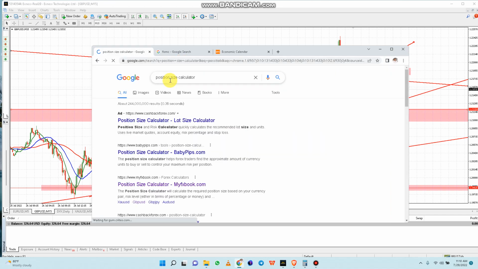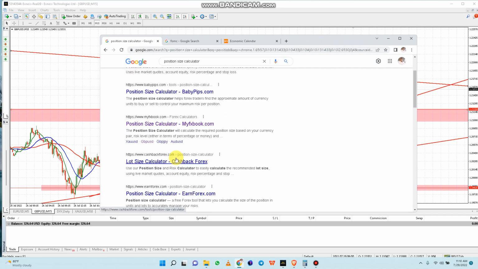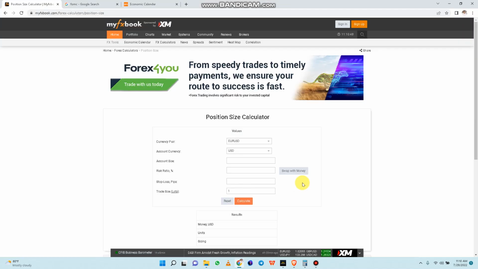Right, so we'll see why some of the trades cannot be entered. This is the one I like using, my Forex book position size calculator. All right, so GBPUSD, remember how to calculate your position size. GBPUSD. Right, so this is it.